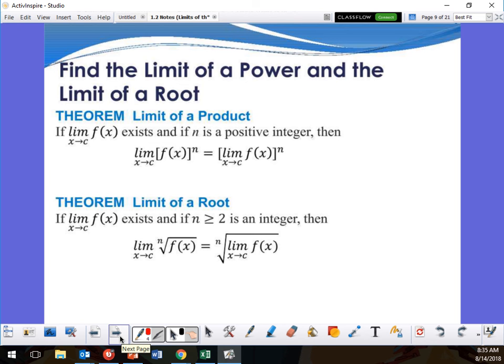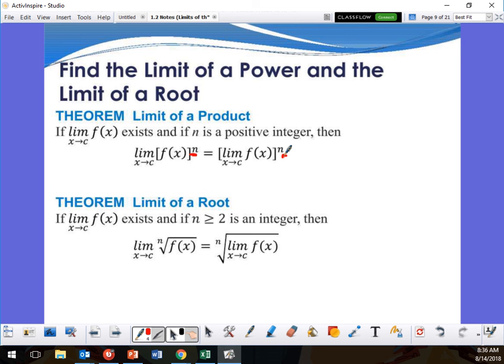I could still do this one here. I think it's this one. Hold on. Yeah, I could do these ones here. All right, so now again, limit as x approaches c of a power rule. So for this one right here, it's basically if I'm taking the exponent of the limit, I could just put this in and it'd be the same as finding the whole thing to that power.